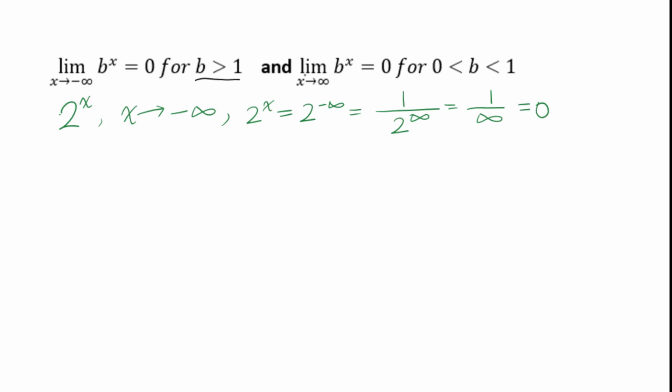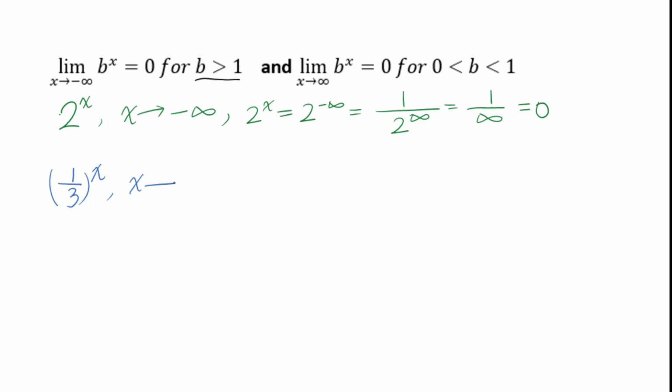For the second one, limit as x approaches positive infinity of b to the x power equals 0 for b greater than 0 and less than 1. Let's use 1 over 3 to the x power.